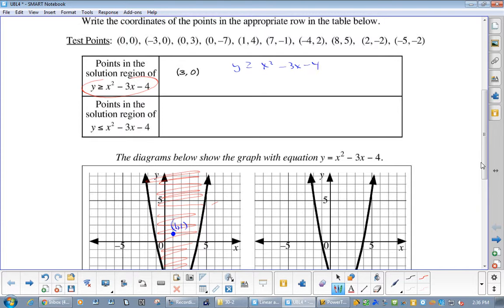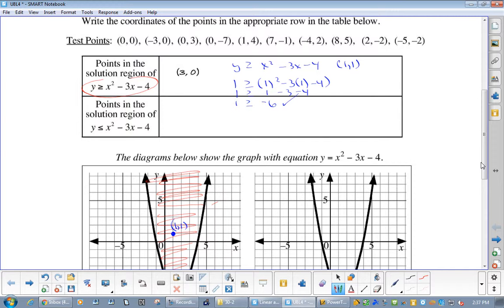If I put 1 in there, this statement should be true. 1 is greater or equal to 1 squared minus 3 times 1 minus 4. 1 is greater or equal to 1 minus 3 minus 4, which is negative 6. Is that a true statement? Yeah, so you know you picked it right.